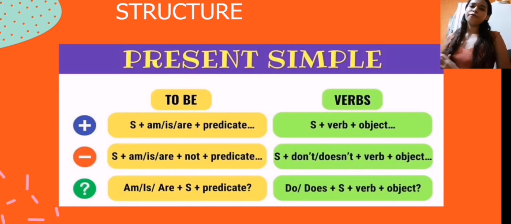In the case of the interrogative sentence with other verbs, we put first the auxiliary do or does, okay, depending on the subject or pronoun that we are using in the sentence, plus the subject or pronoun plus the verb in the base form plus the object and the question mark, okay?